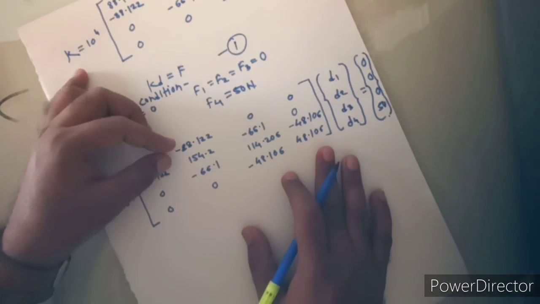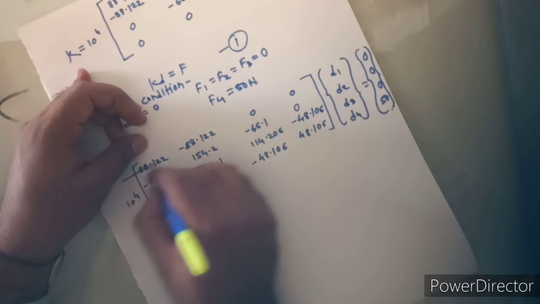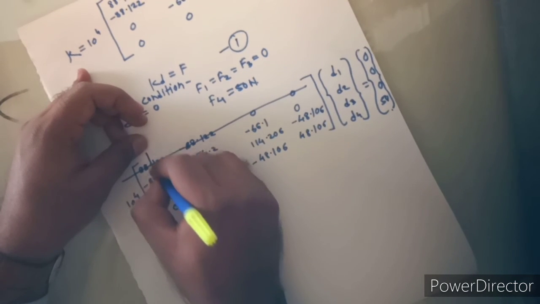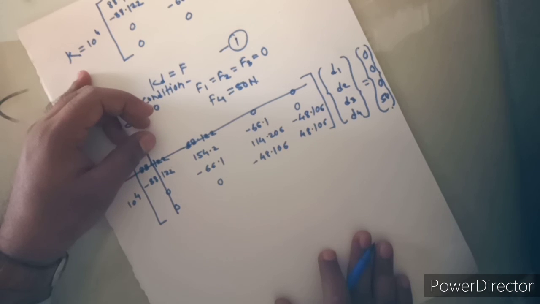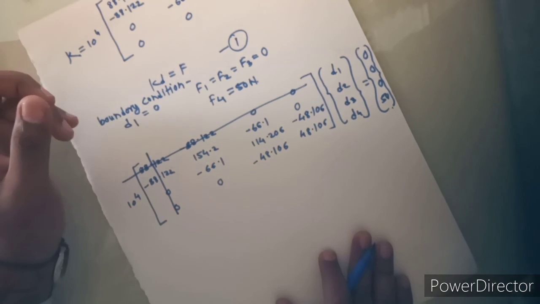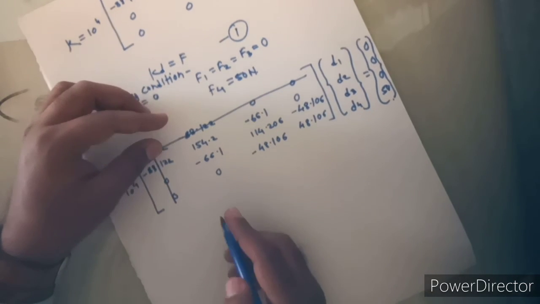Okay, by the elimination method for the approximate global equation solution, you have to eliminate the first row and first column.